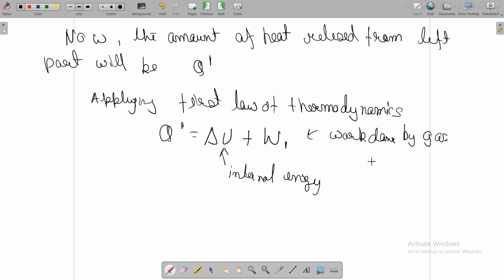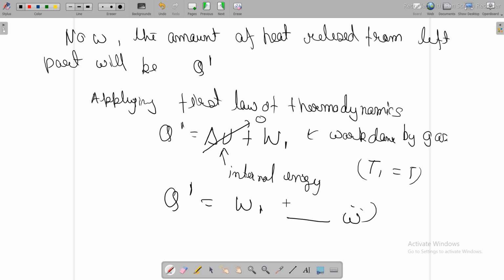As we know, the temperature remains constant, T1 equals T, because of the isothermal process, therefore the internal energy change is equal to 0. Therefore Q dash equals W1, which is equation third.